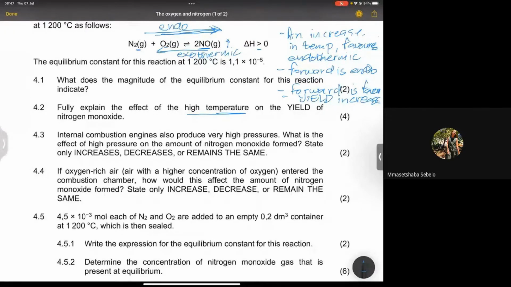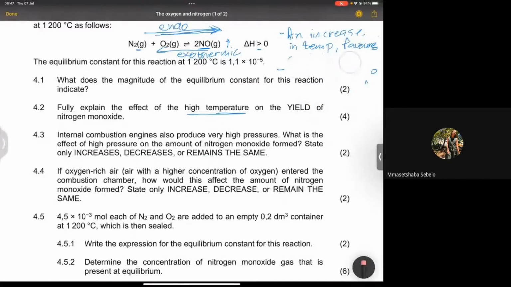Happy days. Now, they say internal combustion engines also produce very high pressures. What is the effect of high pressure on the amount of nitrogen monoxide formed? State only increase, decrease, or remain the same? Well, obviously I will have to explain because I want you to understand.